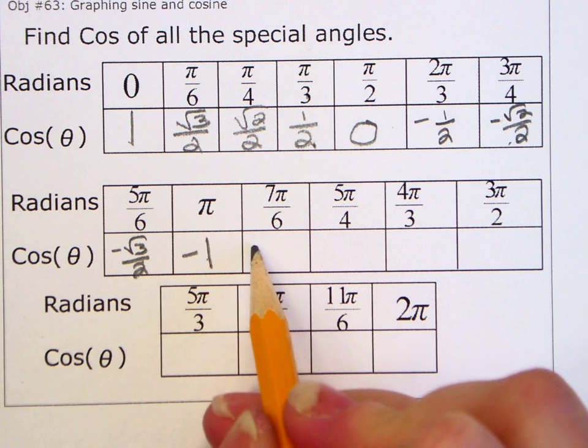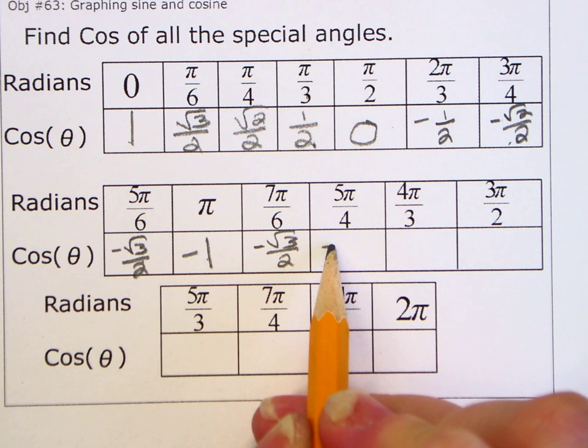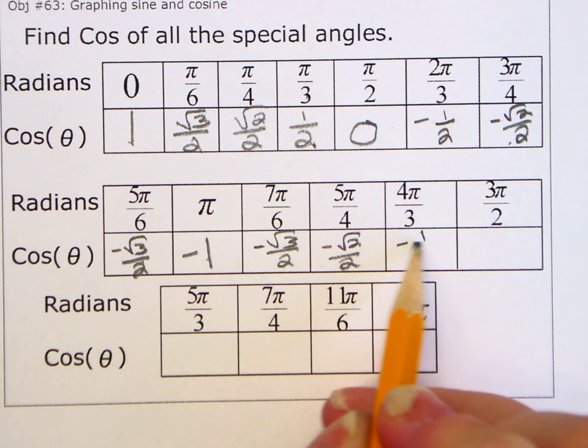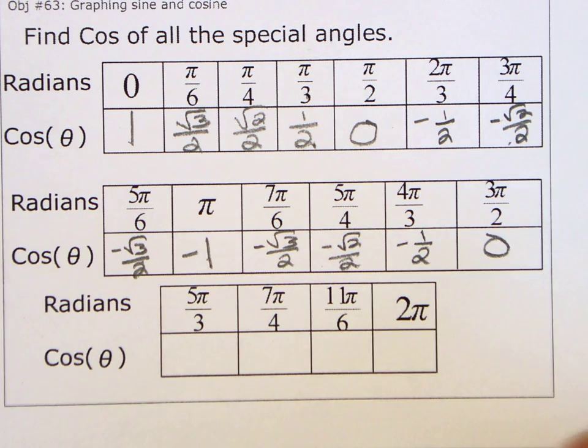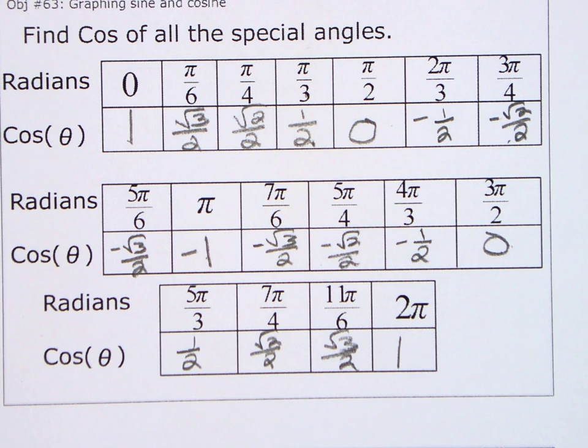Right? Negative radical 3 over 2. Negative radical 2 over 2. Negative a half. 0. And then we go back up to 1. 1/2. Radical 2 over 2. Radical 3 over 2. 1. Right? So that's our table for cosine.